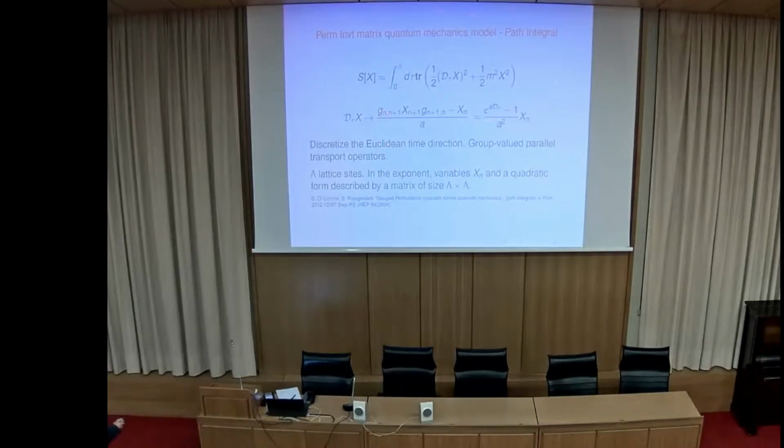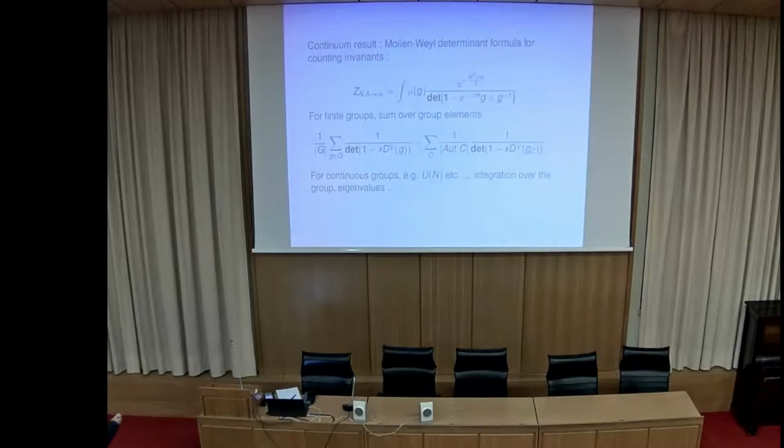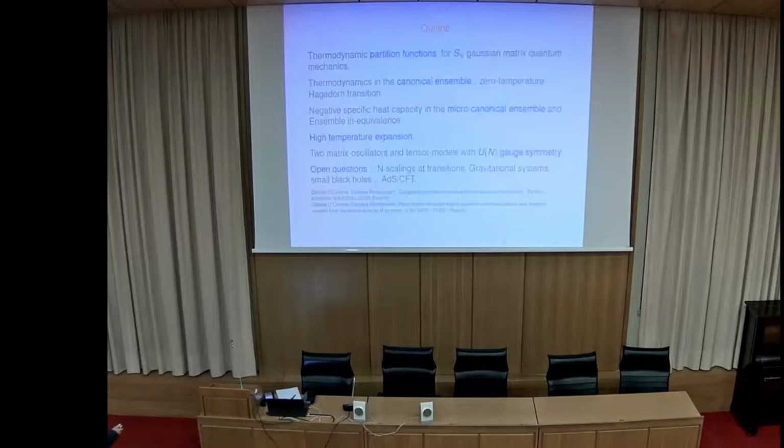Then you can start from the path integral formula and get some nice answers for what the counting is. For example, counting the thermal partition function reproduces a nice Molien-Weyl formula for the counting of invariants, which is given in terms of a determinant. That connects with the physical idea of gauging this symmetry.